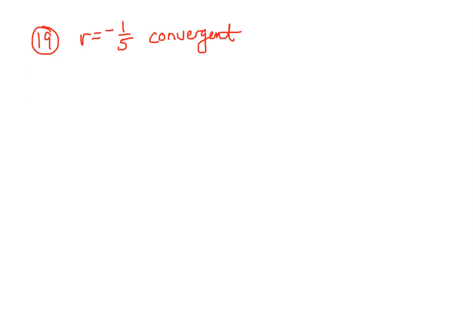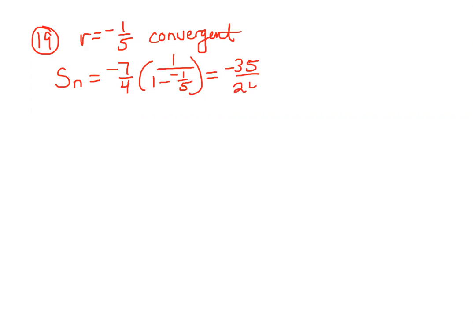So we can say Sn equals the first term times 1 over 1 minus r. Oh, I did that wrong. Whew. And that should equal negative 35 over 24.